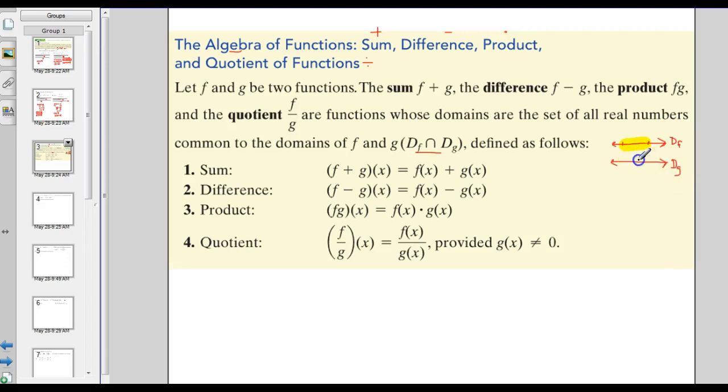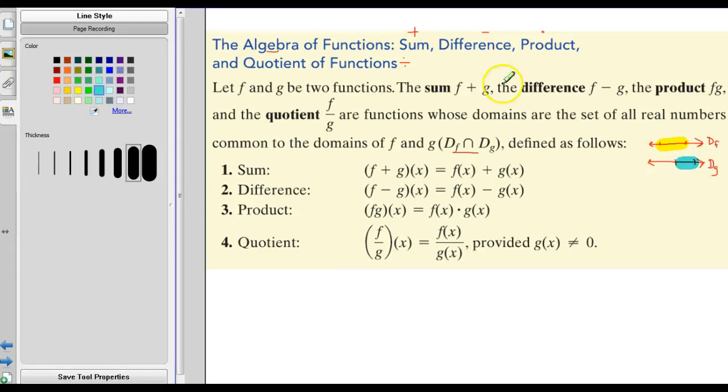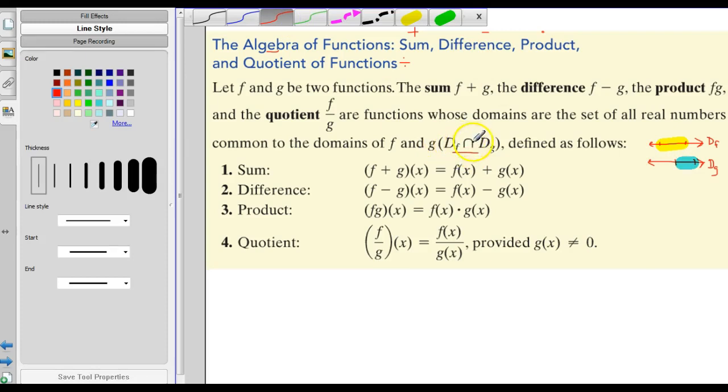Let's say the domain of g was here to here. We'll do it in a blue color. What we mean by this notation right here is df, this means intersect, dg.